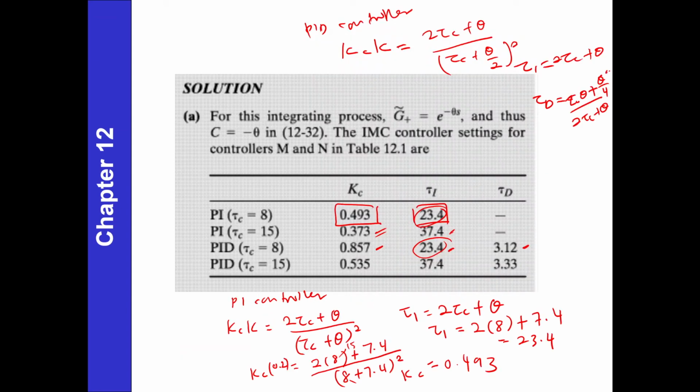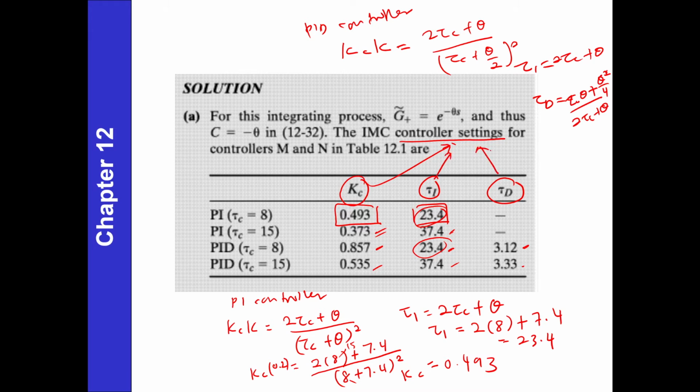So substitute the value of tau C, theta, and k, and then you get the controller setting values. Controller setting means the value of Kc, tau I, and tau D.